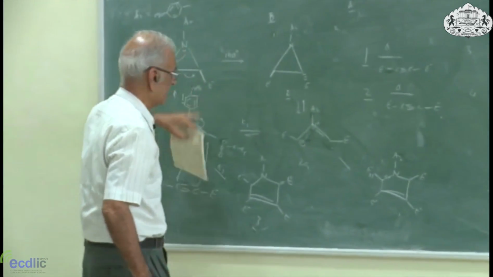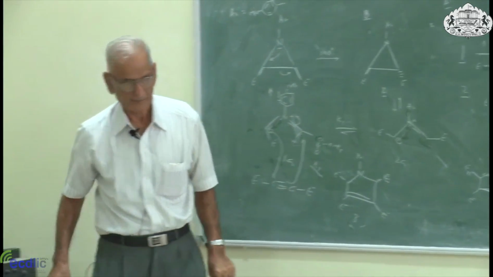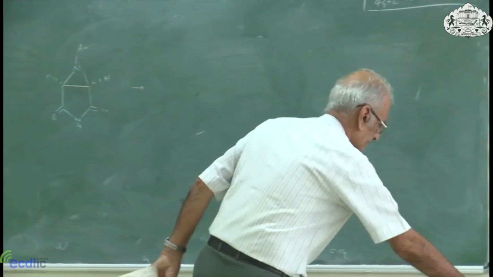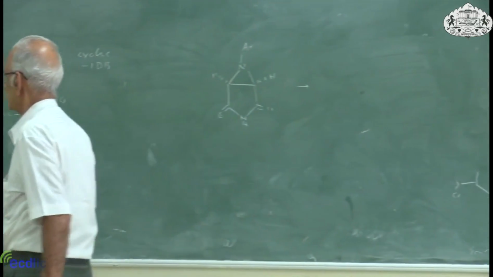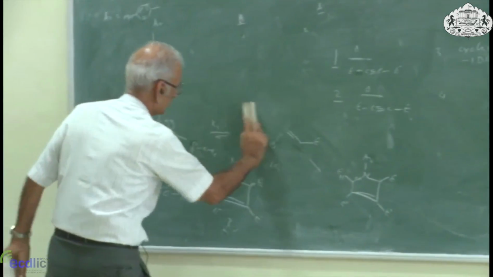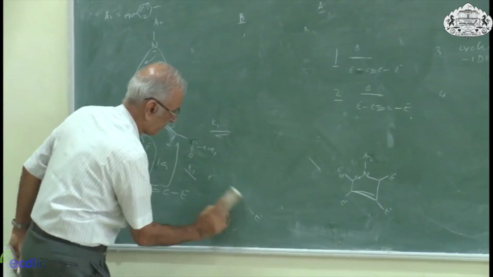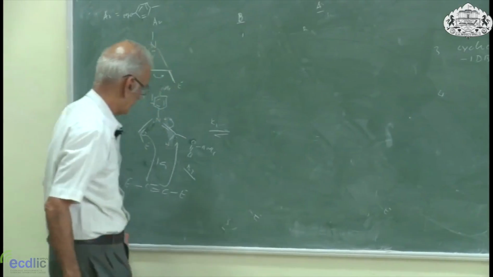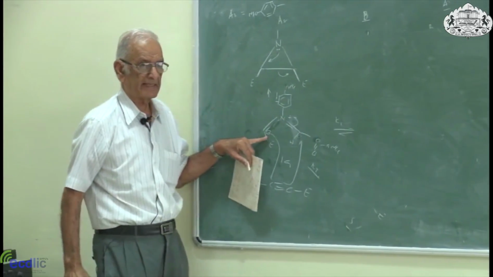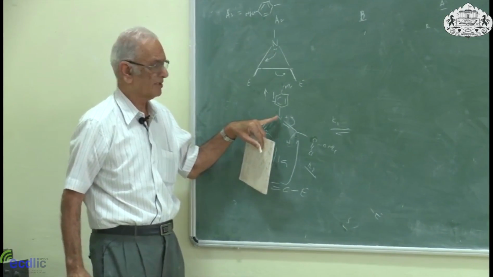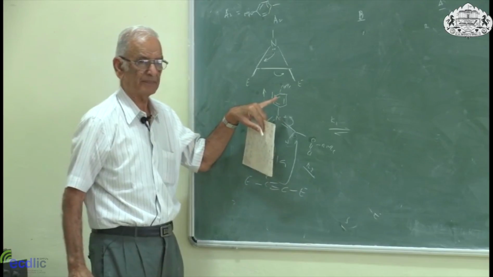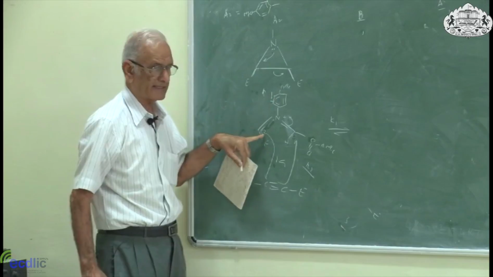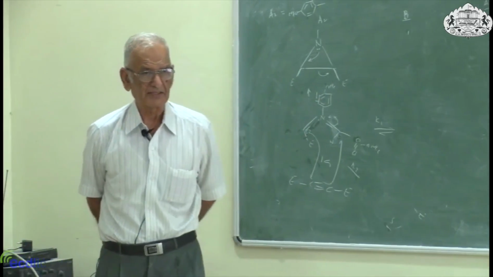Look at this, look at this. When I look at this, what do I see? I get this. And then what did we say? Positive charge is stabilized by aromatic ring, and negative charge is stabilized by ester.